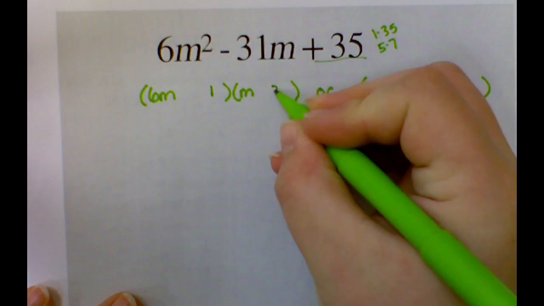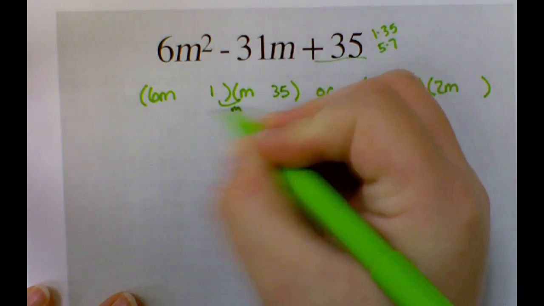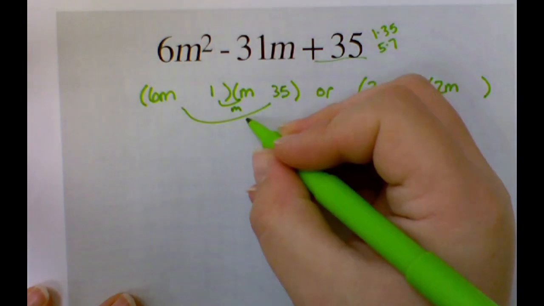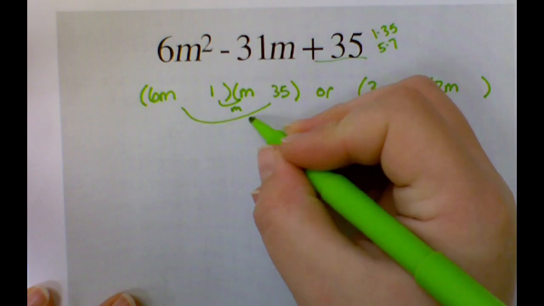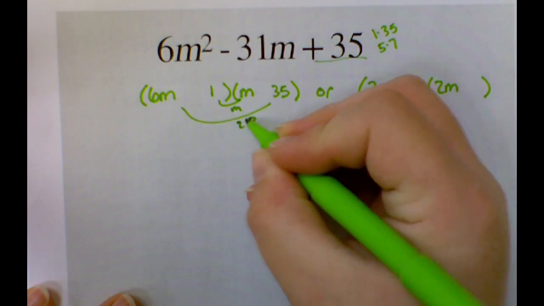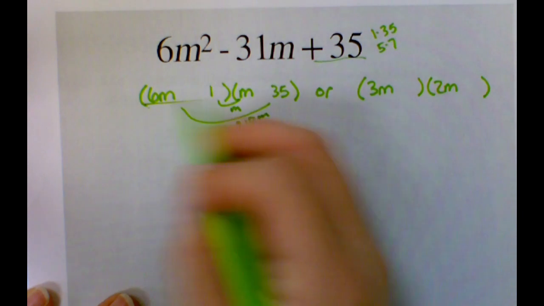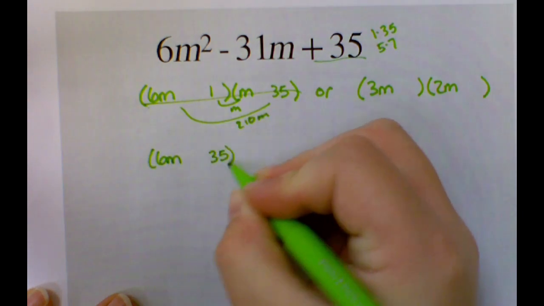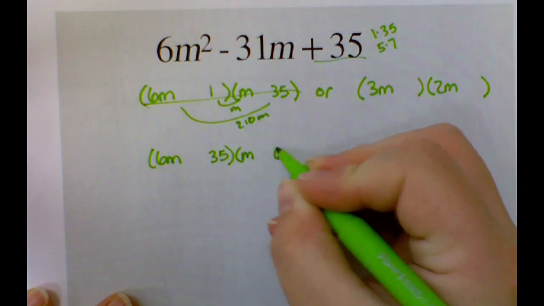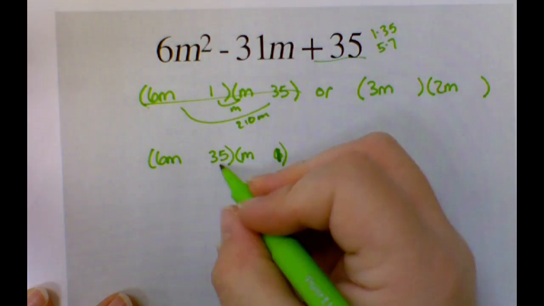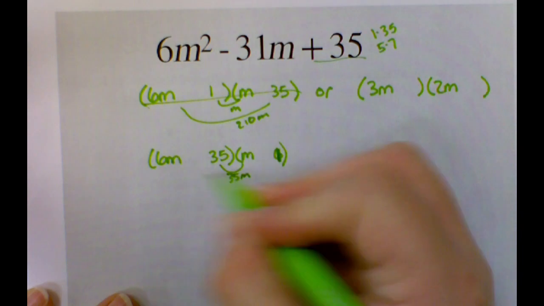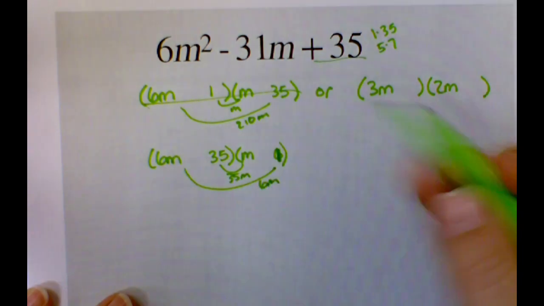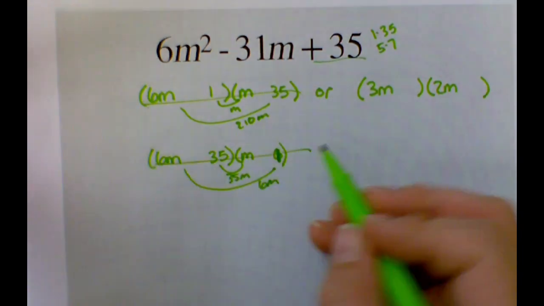So if I did 1 and 35, I get 1m and 210m. It's definitely not making 31. Then I would have to try 6m and 35 with m and m and 1, which makes 35m and 6m. Not going to make my 31m.